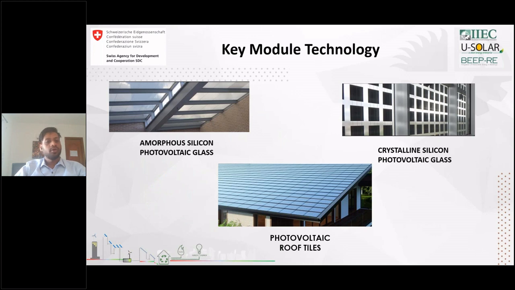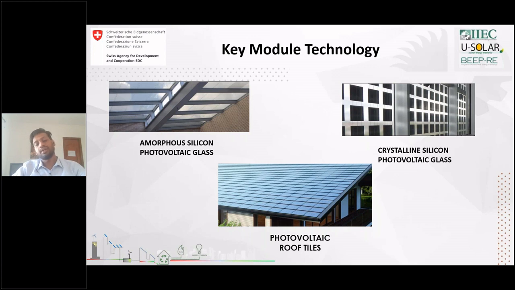So there are key module technologies that are available. One of them is amorphous silicon photovoltaic glass. It's a transparent type of PV generating glass, which finds application in, for example, windows of a building, where you need most of the sunlight to pass through.